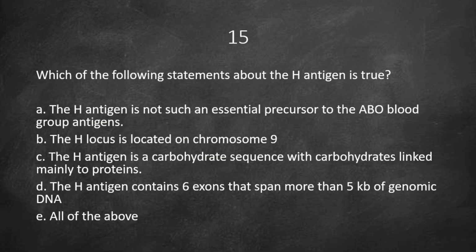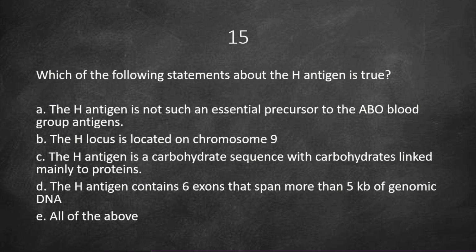Question 15 says, which of the following statements about the H antigen is true? So the options are A, the H antigen is not such an essential precursor to the ABO blood group antigens. B, the H locus is located on chromosome 9.